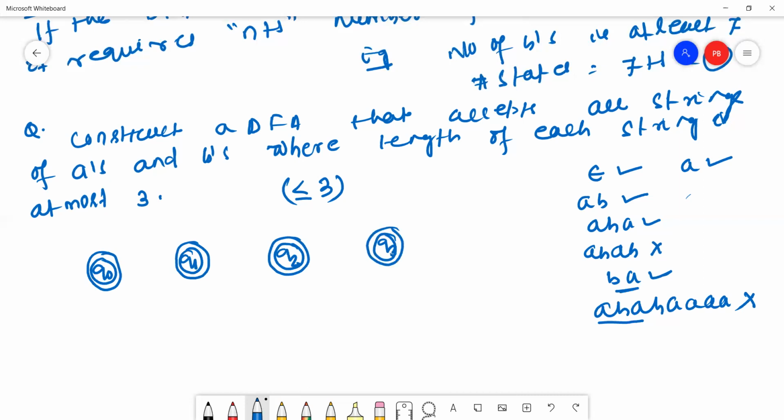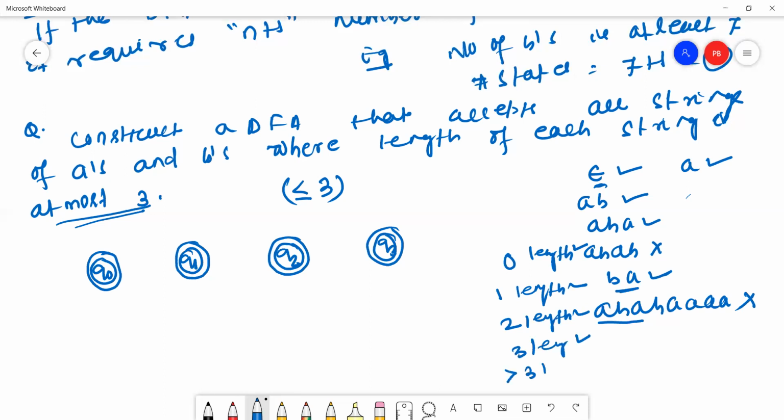For now, we'll consider the zero length string. At most three means first the zero length string. Suppose zero length string is accepted, one length string is accepted, two length string is accepted, three length string is accepted.